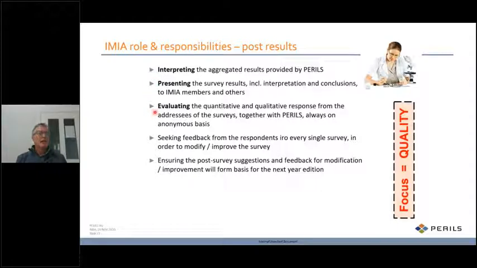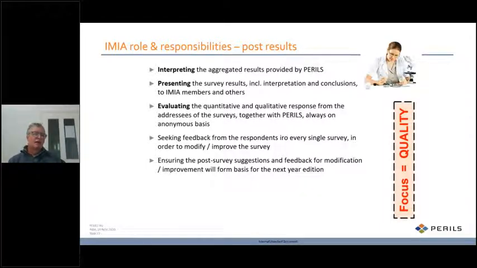At the same time, it is not only about the survey results as such, but also evaluating the quantitative and qualitative response or backflow from the addressees together with Perils, in order to seek feedback to ensure possible improvements and modifications of the service in the next year's edition.